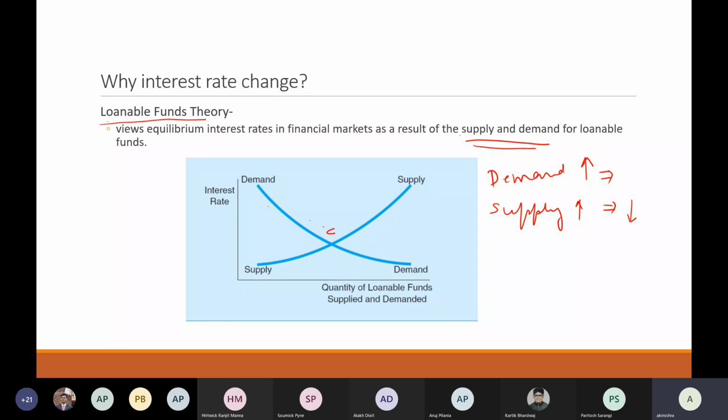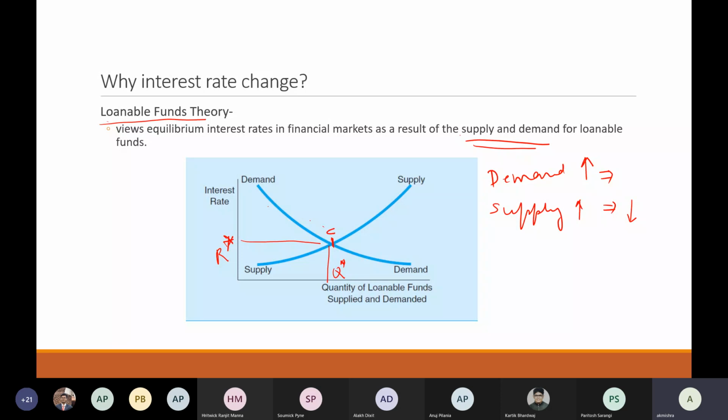And this loanable fund theory suggests the same, that the interest rate is basically an equilibrium point here. So here you have some R star, and this interest rate would be a function of the quantity of loanable funds available and the supply and demand scenario in the economy.